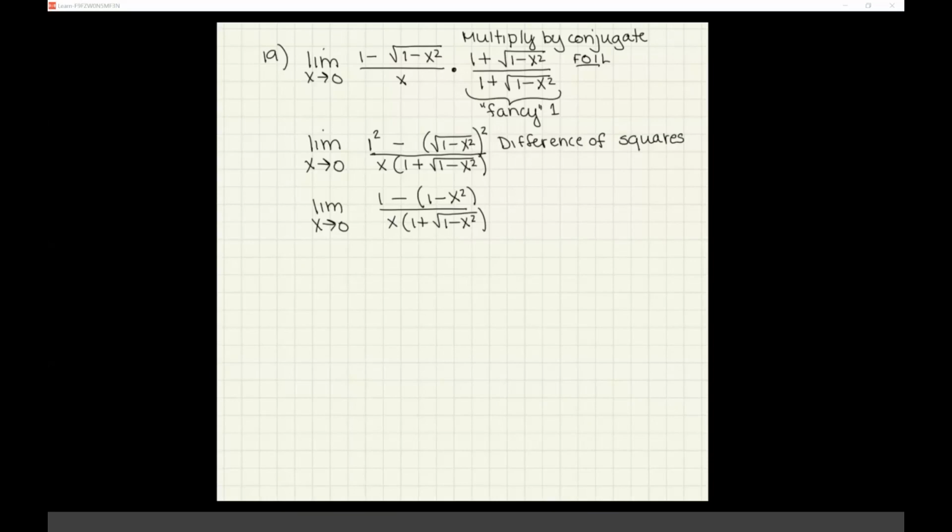Next thing is, let's take care of this minus sign. This is the limit as x approaches 0 of 1 minus, now the minus sign distributes to both terms in the numerator. So that second one has a minus sign in front of it, and the x squared now is a plus. So I got rid of the parentheses.